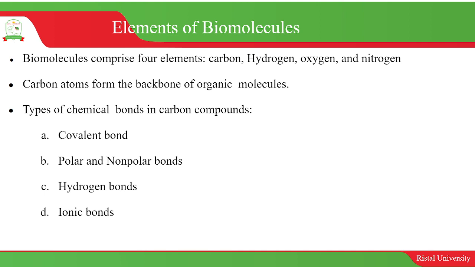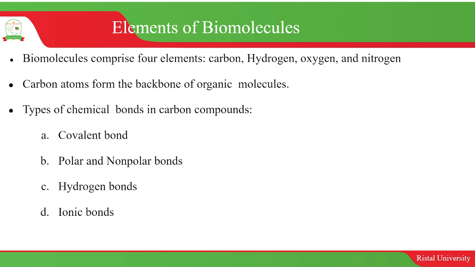Now, carbon is very, very important in this aspect, and we are going to look at why carbon is unique. Carbon atoms form the backbone of all these organic molecules. The biomolecules we have talked about, the proteins, the lipids, the carbohydrates, we can call organic compounds, or organic molecules.